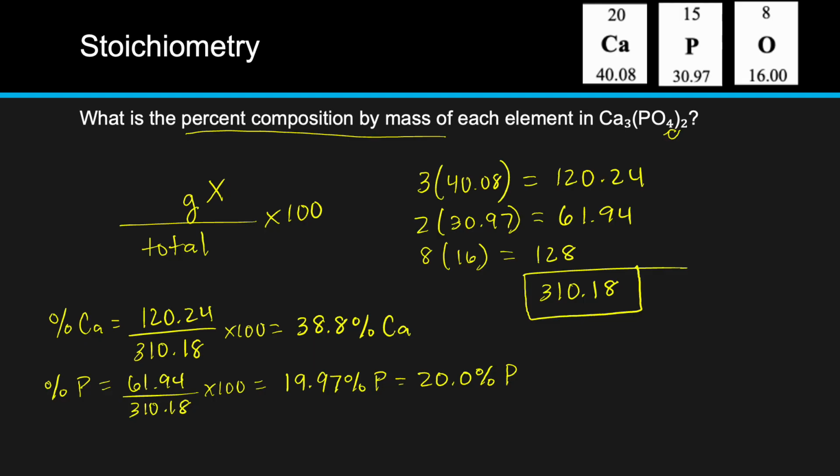Now, to make sure it always adds up to 100, I always like to subtract from 100 at this point. So we're going to take 100% minus 20 minus 38.8, and that gives us 41.2% oxygen. And those would be our final answers.